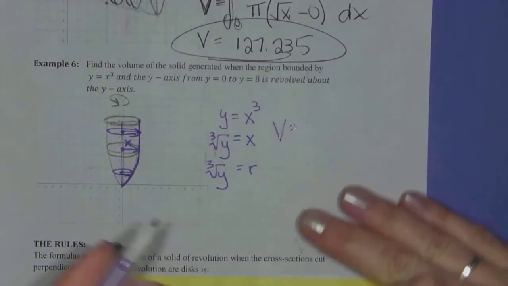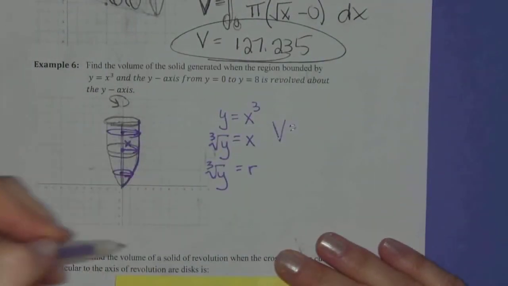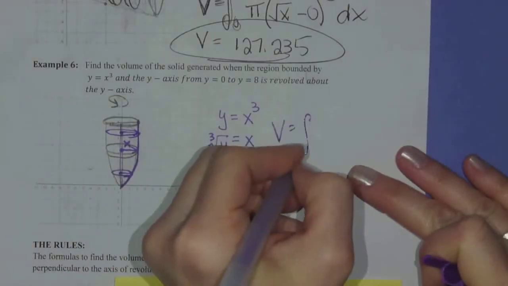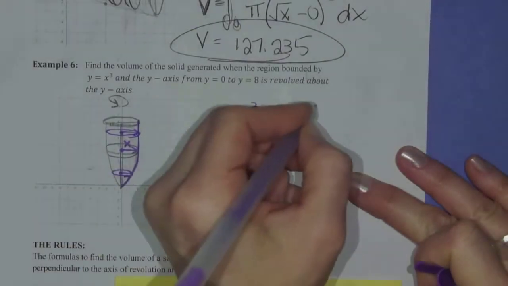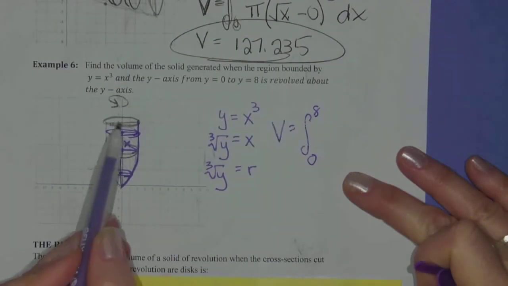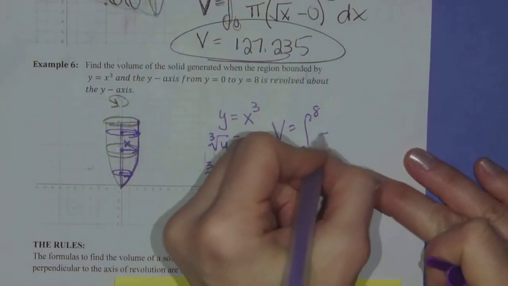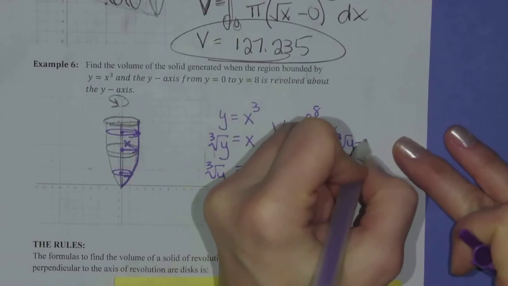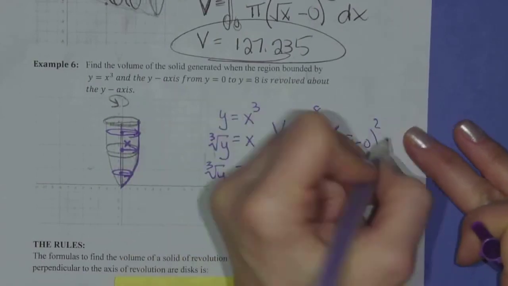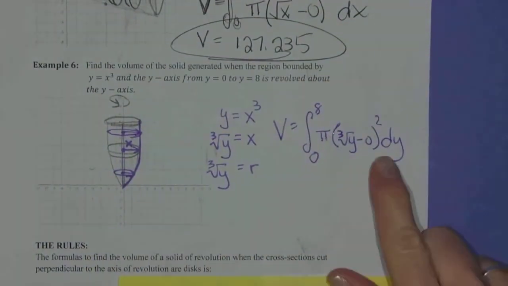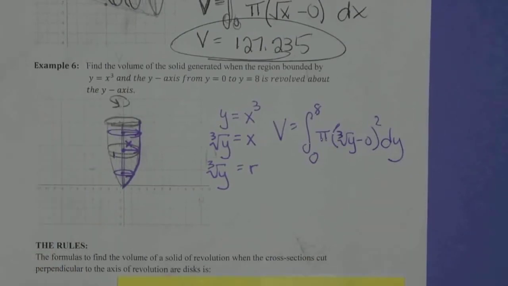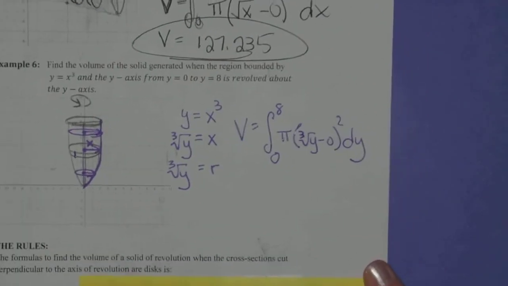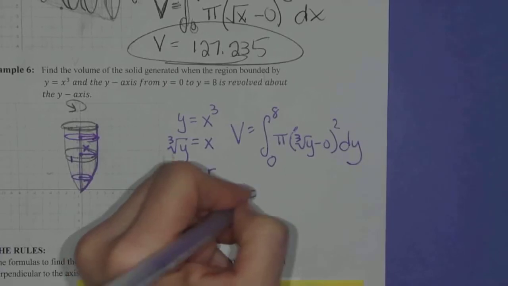Okay, so volume will be, now remember, spinning around the y, everything's a y, so definite integral. The y values are 0 to 8. We've got the pi. Here comes radius. Cubed root of y minus 0 squared dy. That's dy. Remember, dy is the height. And the rest is history, so we put it in the calculator.